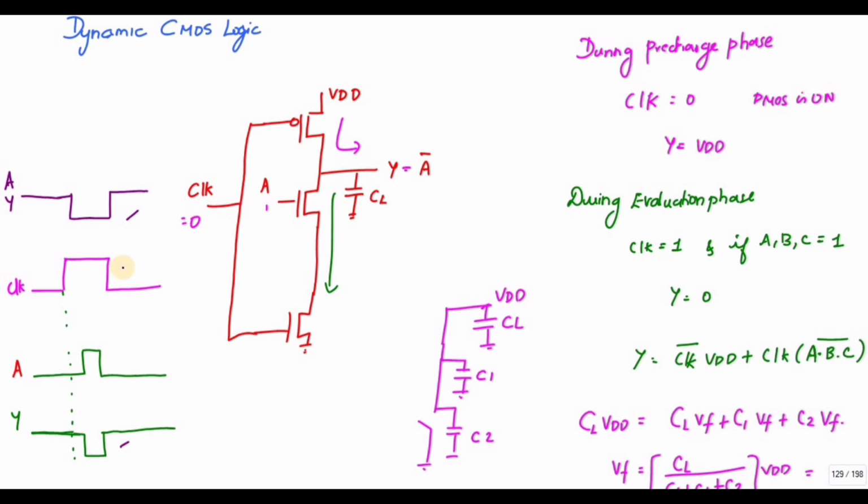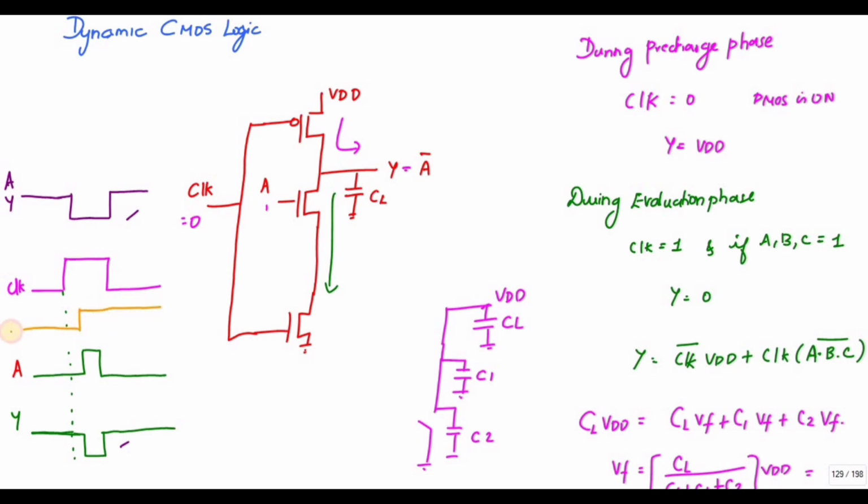In order to avoid this problem, if you see A going to 1, it has to make only one transition and remain in the same state.